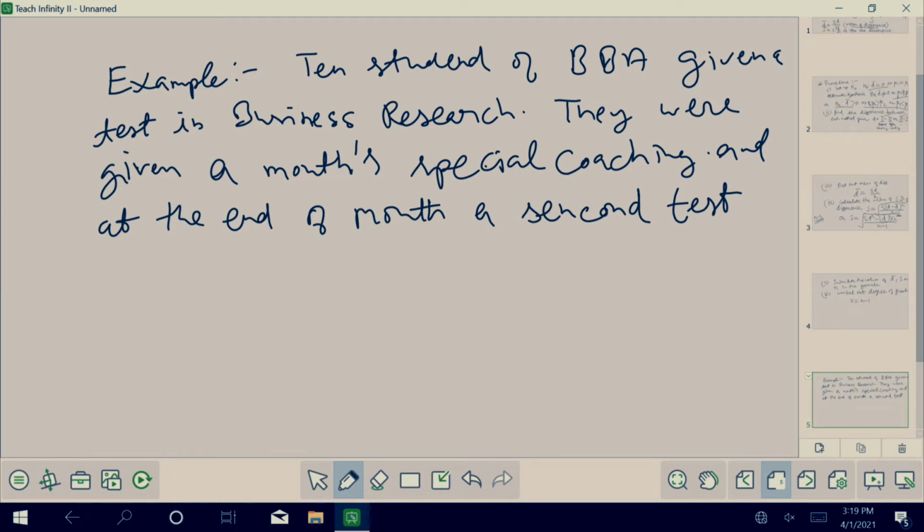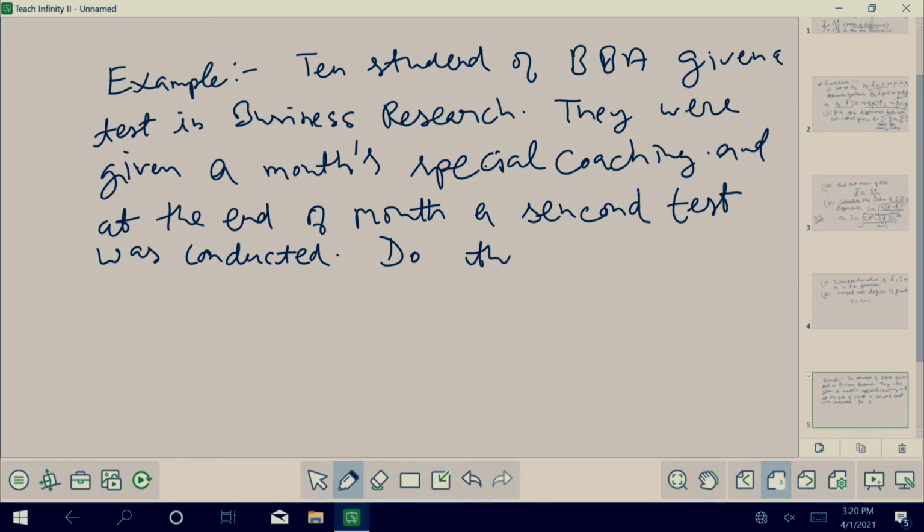The second test was conducted, right, and their results are given, and you have to check: do the marks give evidence that students have benefited by extra coaching? Marks, we will write on the next slide.